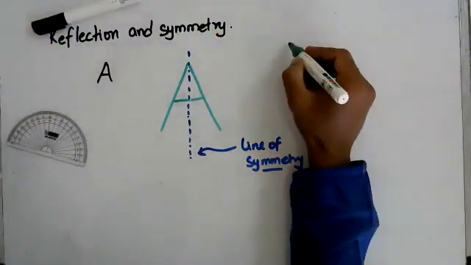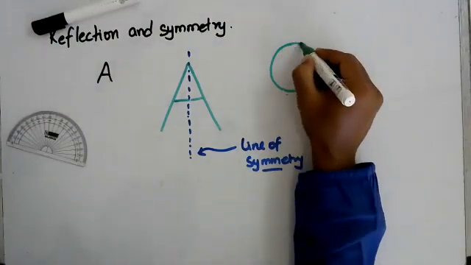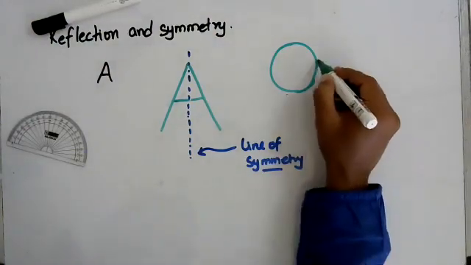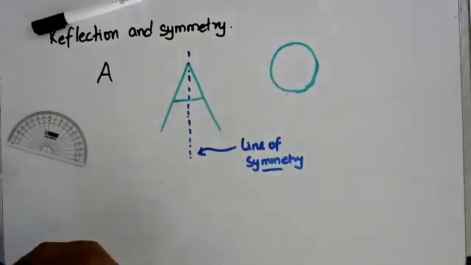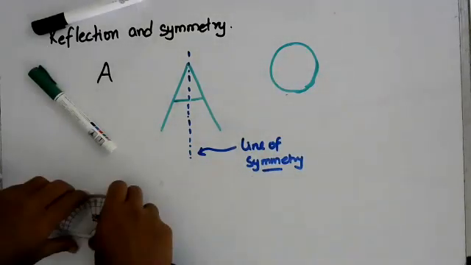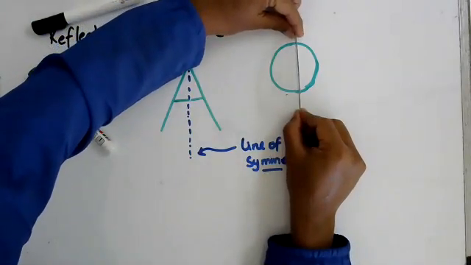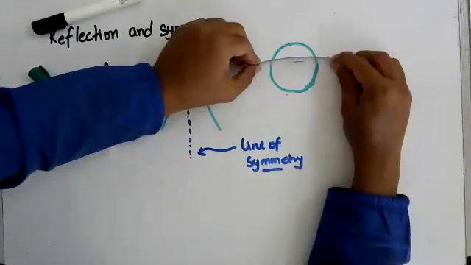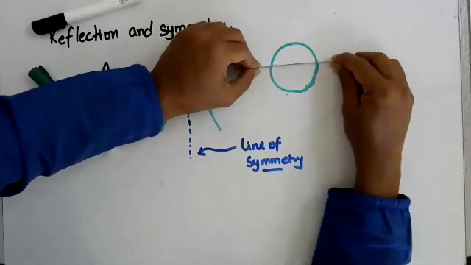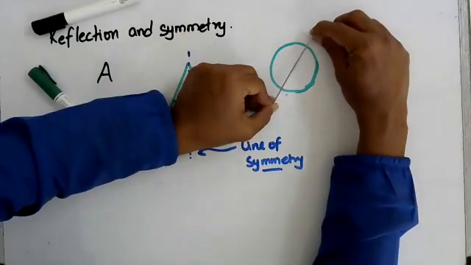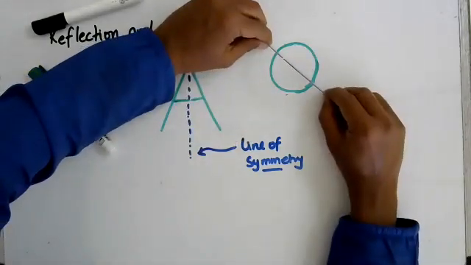Whereas if you take a shape like O, okay, I haven't drawn it perfectly, but if you draw a perfect circle, then you realize that the line of symmetry, there are many possibilities, because here is one, here is one, but I can also keep it like this, it's still symmetrical on both sides. I can keep it like this, it's symmetrical on both sides.